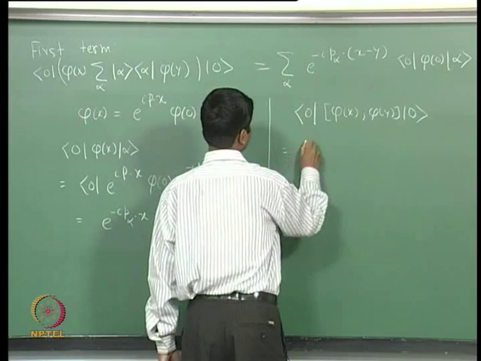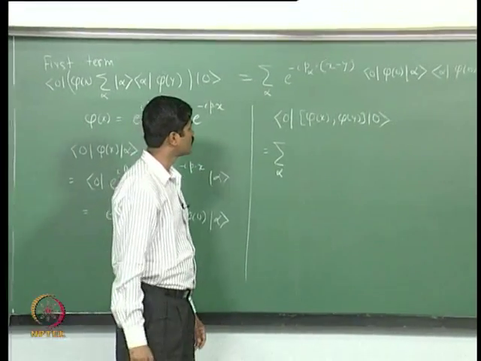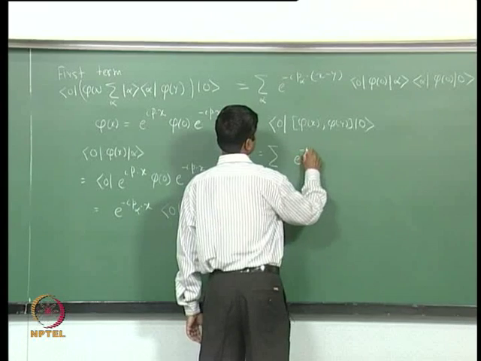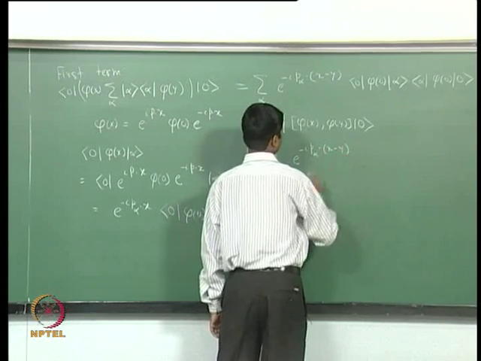there is a sum over alpha, e to the power minus i p alpha dot x minus y.